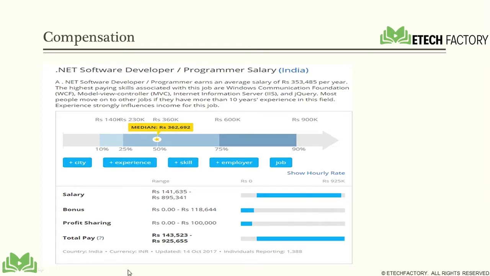This diagram gives what is the salary, what is the bonus, what profit they are sharing, and what is the total pay for them, depending upon the experience and skill sets you have.